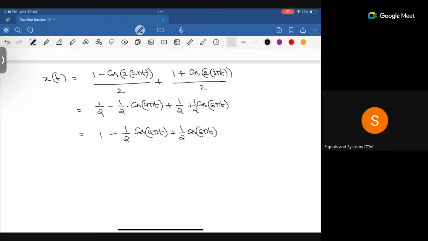Now at least you should tell me what is the time period of this signal. So what is capital T? I'll give you a minute. You know the individual time periods.